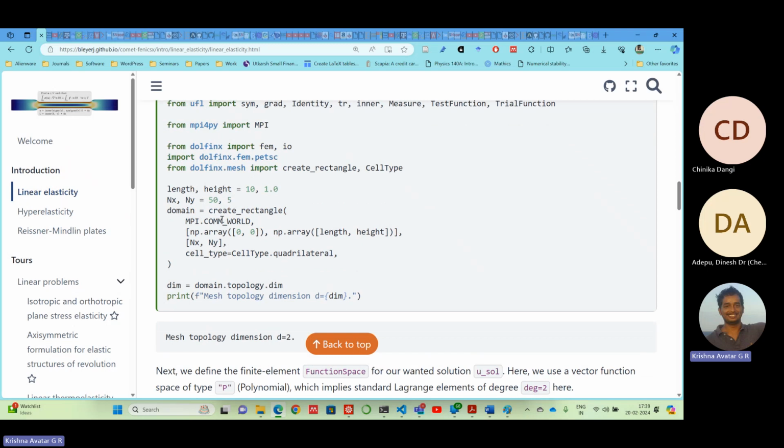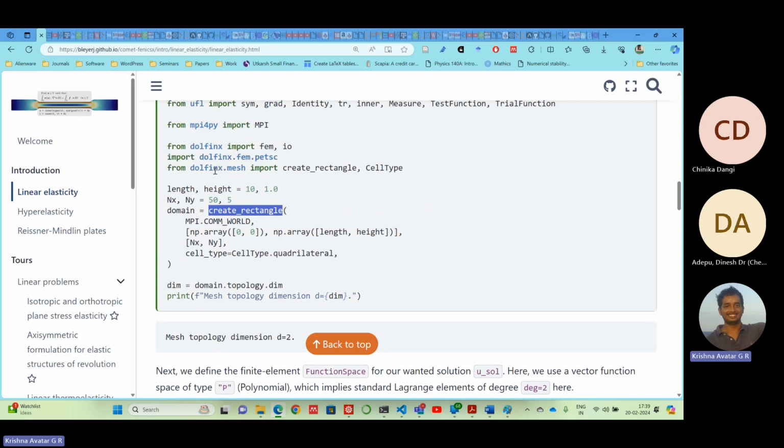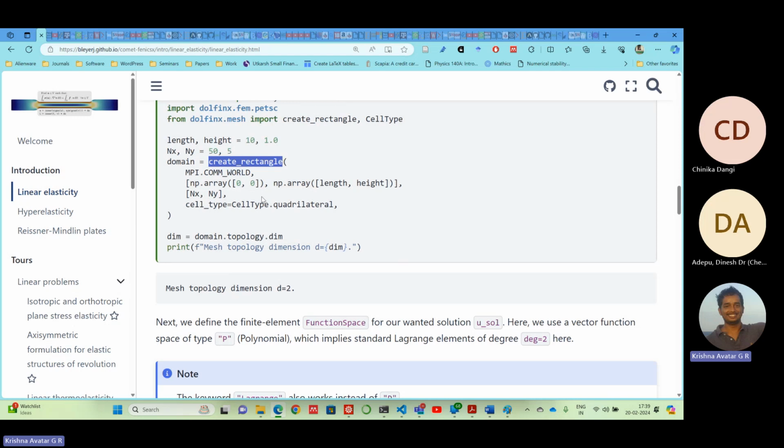Okay, so coming back to the problem here, we define length and height of 10 and 1, and the number of elements along x, along the length direction, is 50 and along height it's 5. And then we use this create rectangle function from the dolfinx.mesh class.